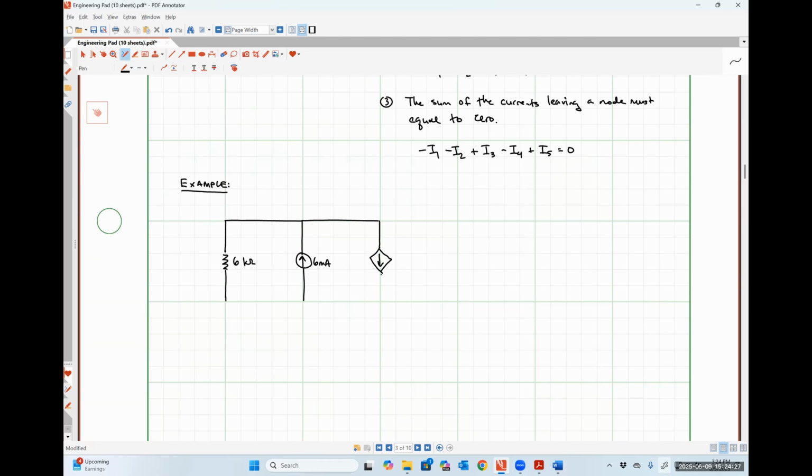This is going to be a 4Ix current source. Here is a 2 kilo ohm resistor. Here's a 2 milliamp source. And lastly, I'm going to put a 3 kilo ohm resistor on the right-hand side of the page.